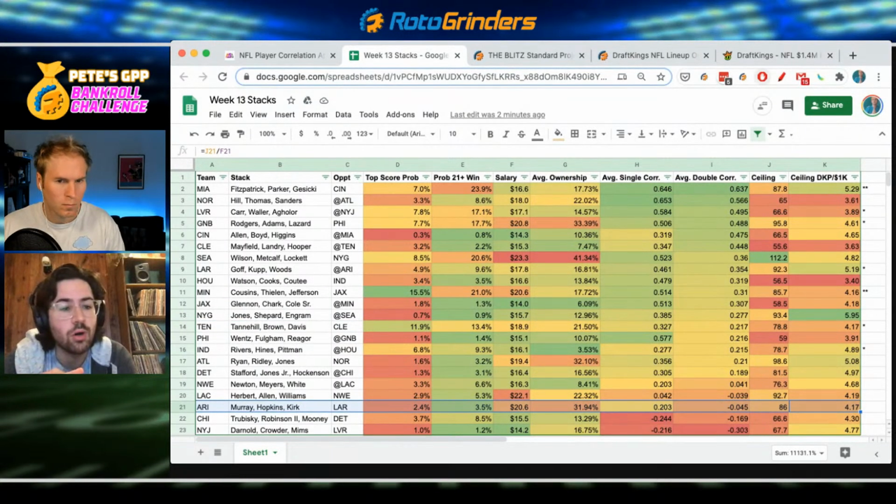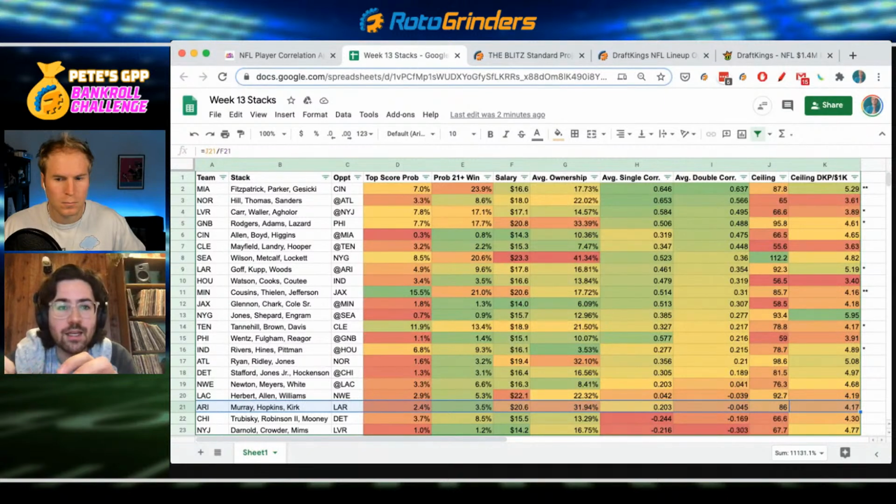Hopkins and Murray, you would think an alpha receiver and his quarterback would have good positive correlation. So far this year they've had super neutral correlation, but Kirk and Hopkins in particular have had super bad, I think negative 0.5 something correlation.